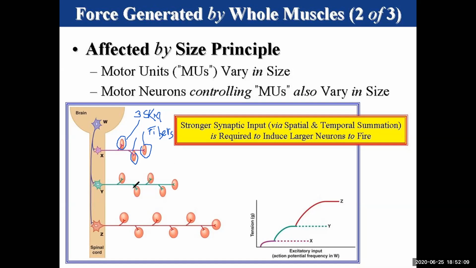Down here you have 1, 2, 3, 4, 5: 5 skeletal muscle fibers. Slightly larger motor units. And the last one, 1, 2, 3, 4, 5, 6, 7 skeletal muscle fibers.